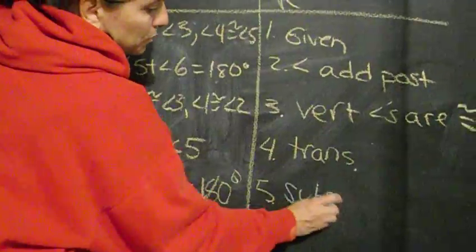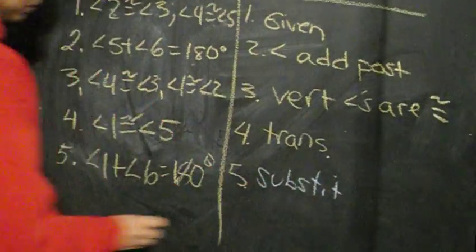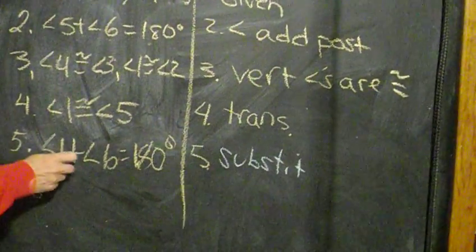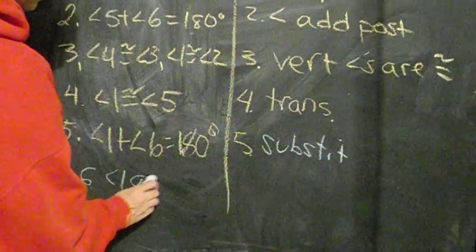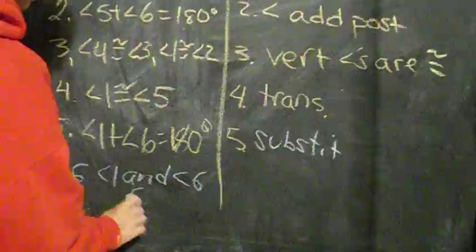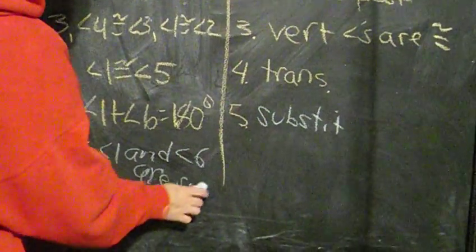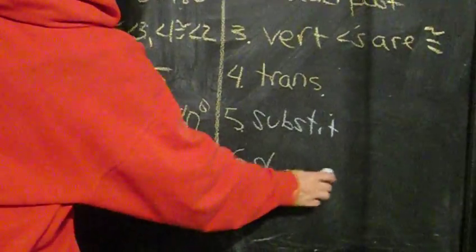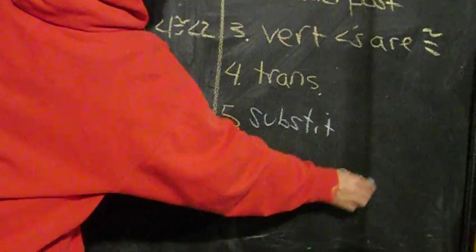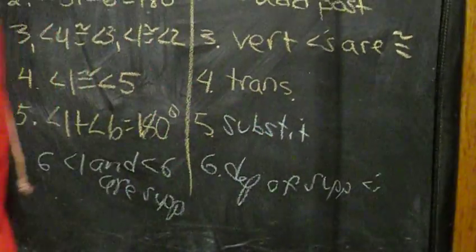I could probably say transitive there too if I wanted to. And then, if angle 1 and 6 equal 180 degrees, then angle 1 and angle 6 are supplementary. And that, of course, would be the definition of supplementary angles.